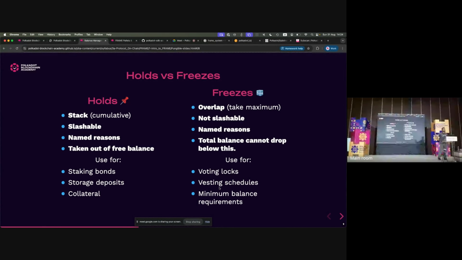So if you want to increase the ED in a way, that's also one way. You freeze like 2 dots and you say now your new ED is 2 dot, right? Just as a mental model, not exactly. ED is a separate thing.